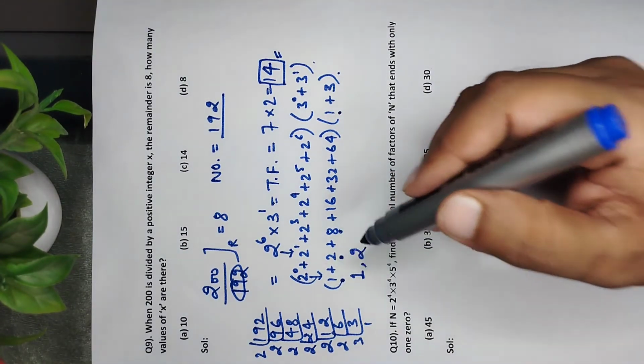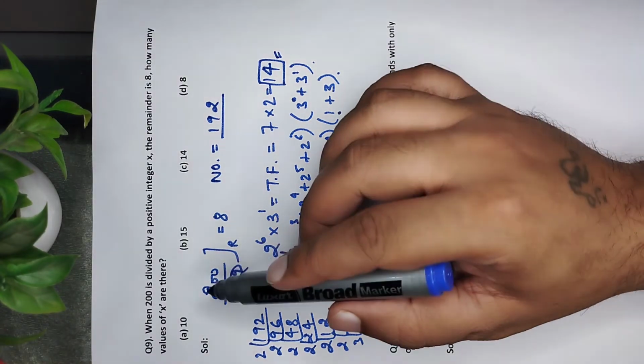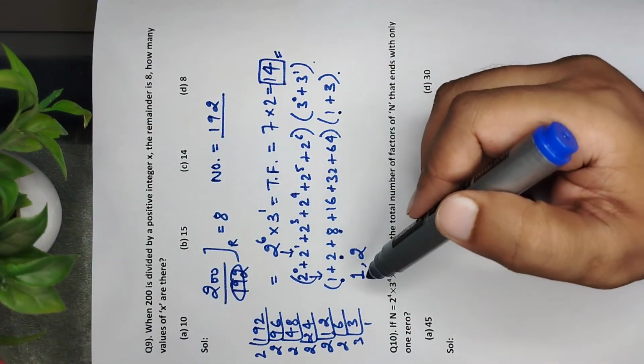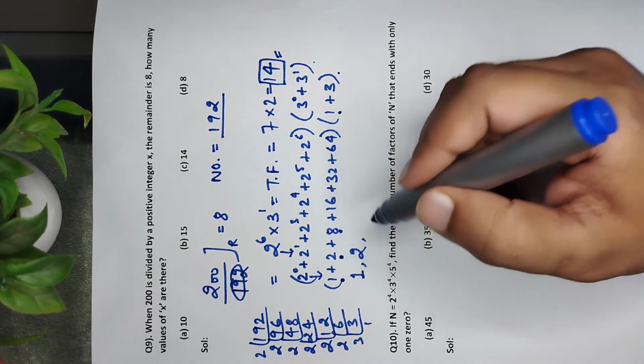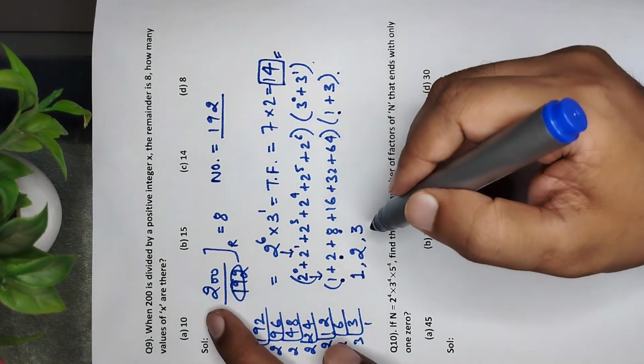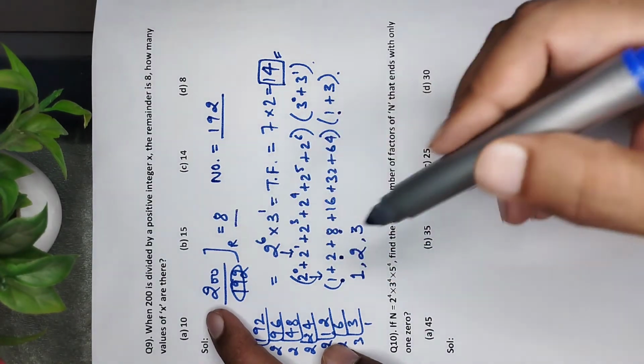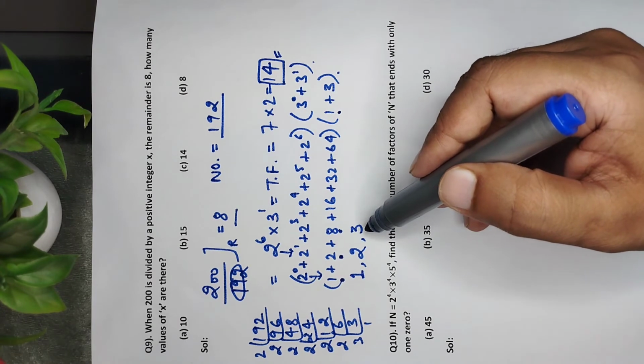Then another number is 2. 2 is also a factor of 192, and 2 when it divides 200 will not leave any remainder. Similarly, another factor of 192 is 3. When 200 is divided by 3, obviously it will not leave remainder 8, because 3 is already smaller than 8.